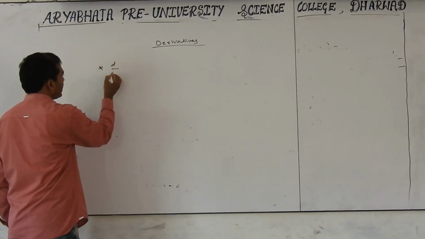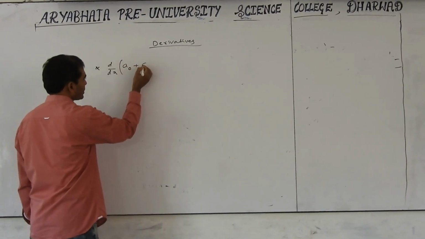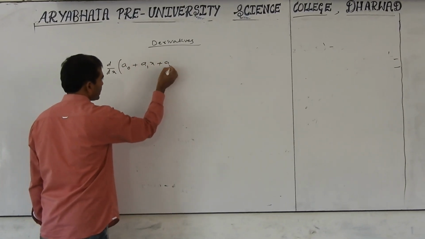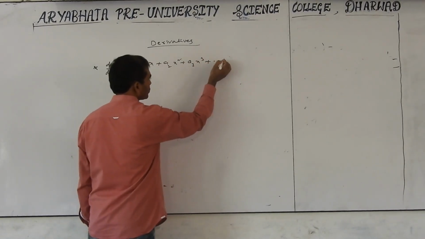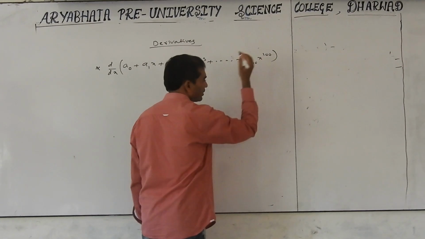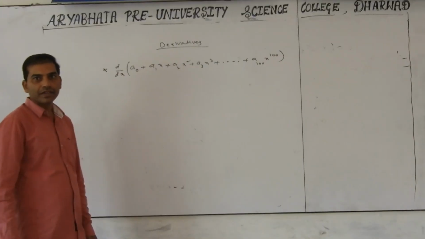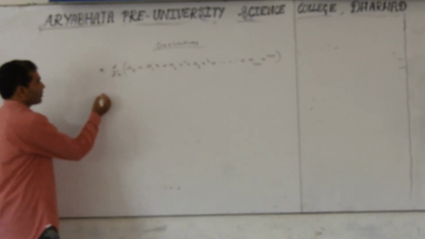Next, d by dx of a naught plus a1x plus a2x squared plus a3x cube, so on, a100 x power 100, which is a polynomial. How to find?